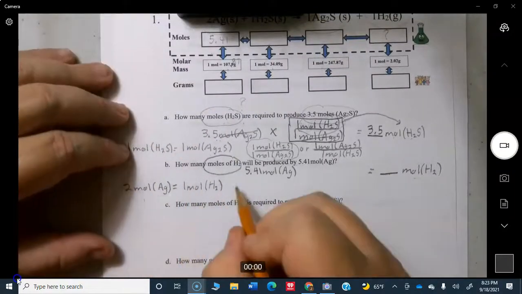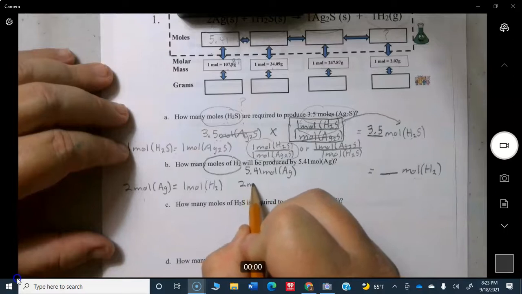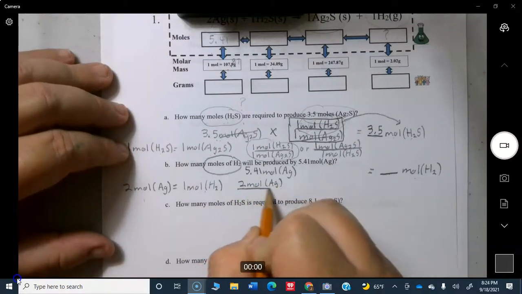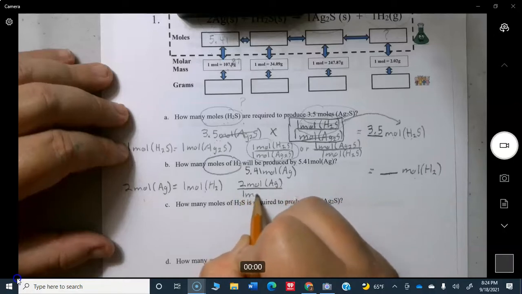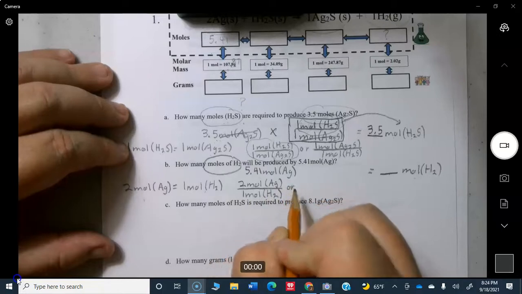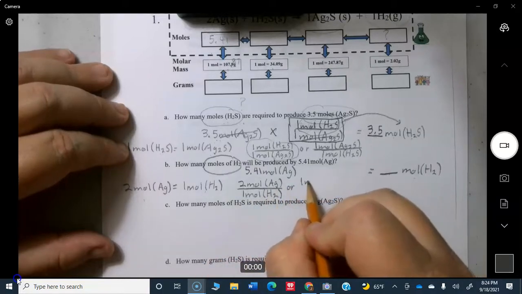Okay, now the conversion factors is just one over the other. Doesn't matter which one you do first. Or we're going to flip it. These are both true statements.